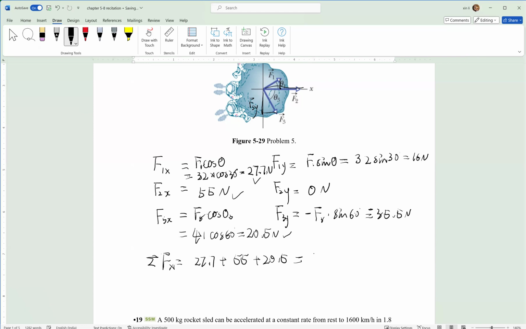And you are going to get, add this 3. So you are going to get, this is 47, 40, 48.2. You are going to get 113.2 Newton.